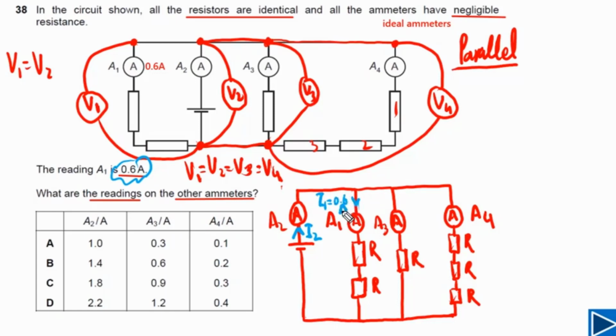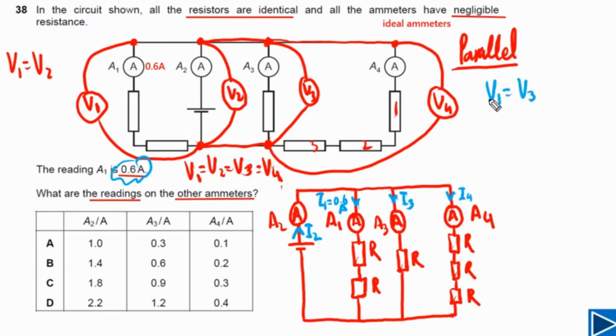that is equal to 0.6 amps. And let's say the current passing through ammeter 3 is I3, and the current passing through ammeter 4 is I4, and the same current is also passing through these three resistors. First of all, look at V1, and V1 is equal to V3.